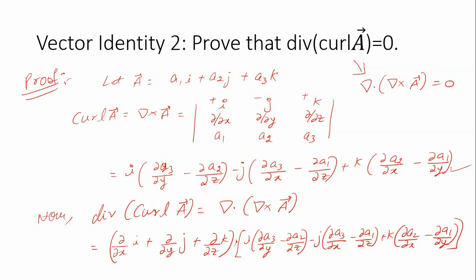Where you can see easily that i into i is going to become 1. So corresponding elements will be multiplied, i with i, j with j and k with k. We are going to simplify this one. So after using the dot product, you get the values in this form.